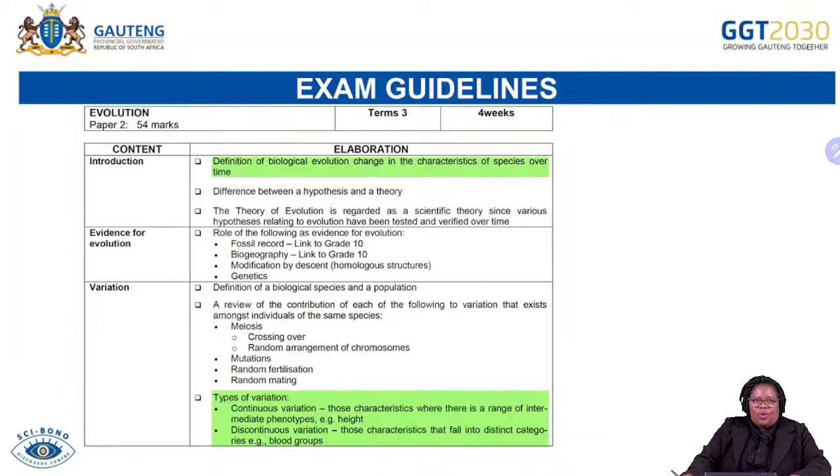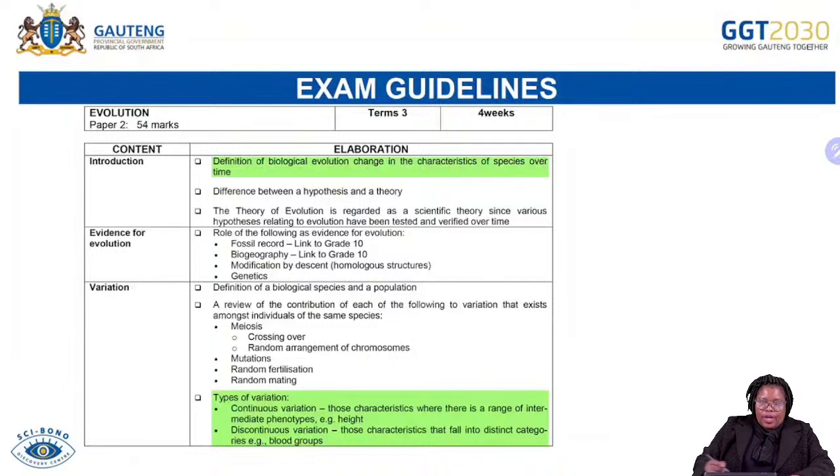Now this is what we are going to look at. According to the exam guideline, we'll be looking at definitions of biological evolution, changes in the characteristics of species. Also, we'll be looking at the difference between hypothesis and theory, and again the theory of evolution in regard to scientific theory.